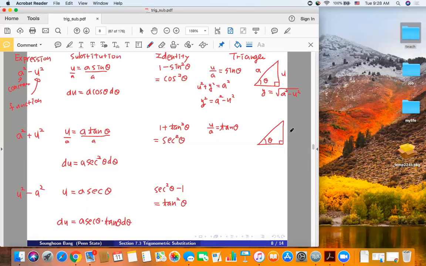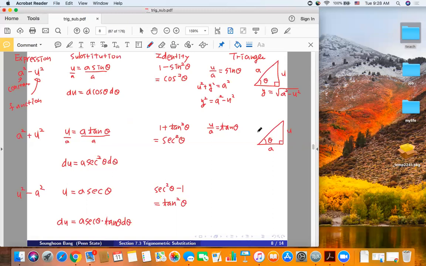Do you know what tangent theta is in a right triangle? Could you write your answer on the chatting board, please? So it's right, opposite over adjacent. So we have this one.